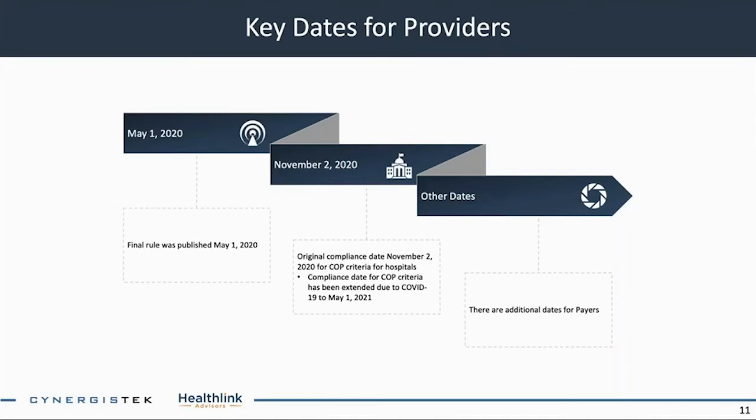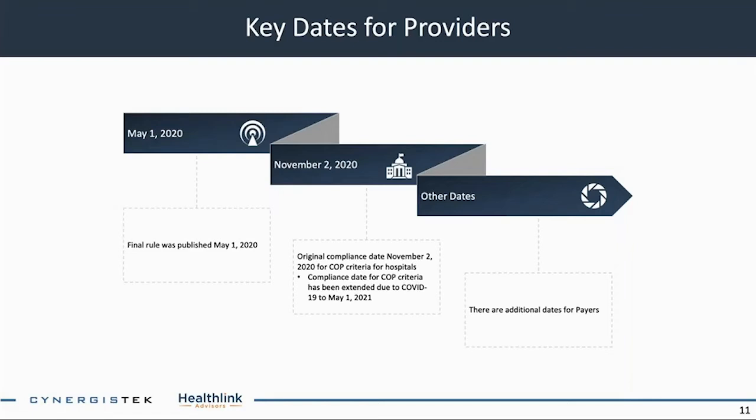The compliance date is the same for both rules when you look at the specific provisions in the Federal Register, but there has been a notice that the enforcement discretion will be exercised, and based on that exercise of enforcement discretion, the date that enforcement will begin will be May 1st of 2021. Now that's at this time. Of course, as COVID continues and things could change, you'll just want to keep an eye on that.